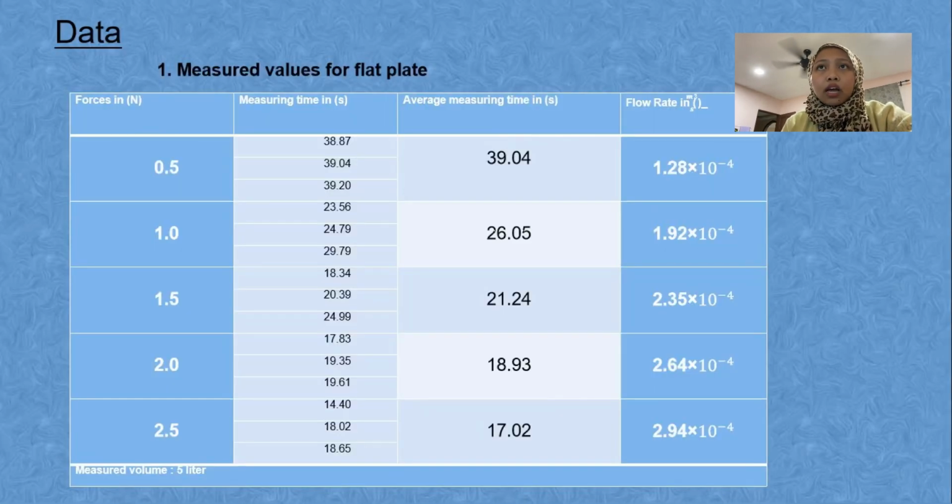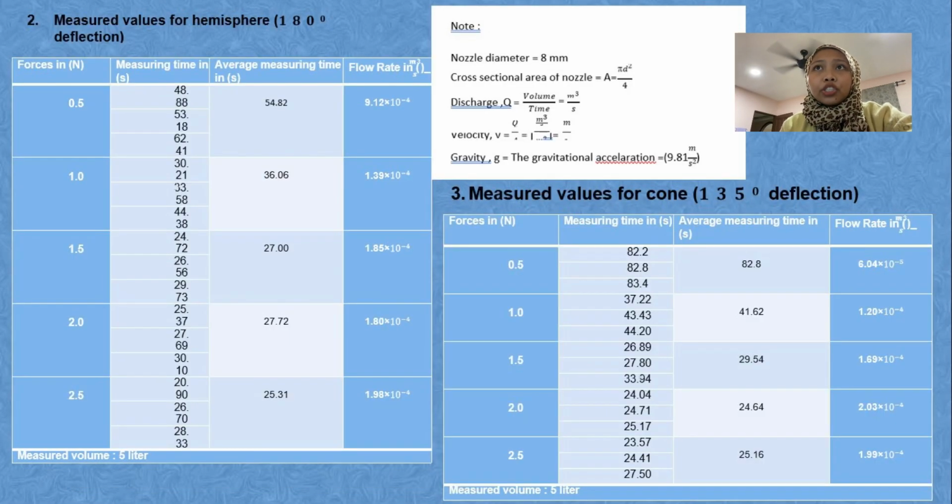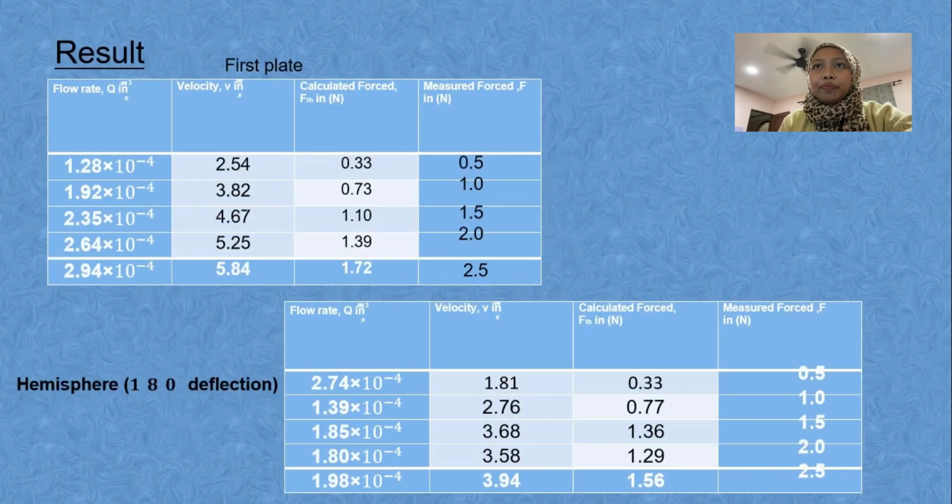So this is the data. Measured value for the plate, and second, measured value for the hemisphere, we use 118 deflection. Third is the measured value for the cone, 135 deflection, and we have to use the note here.